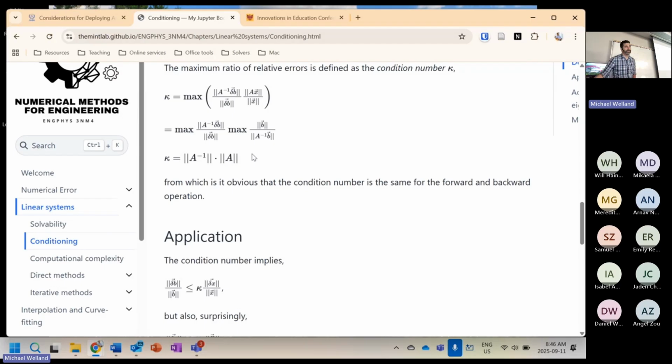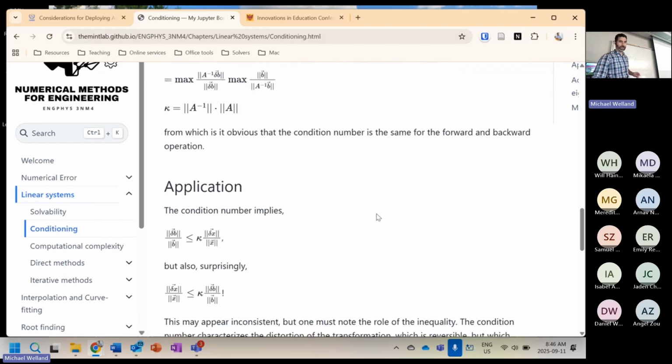The answer is yes. You can see that if you replace A by A inverse, this product just swaps, and the order of multiplication doesn't matter. So no problem. This is funny and counterintuitive, and the first time you see it, you'll think I had the wrong breakfast cereal.